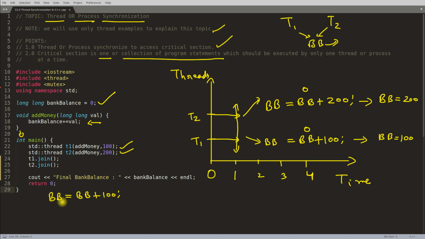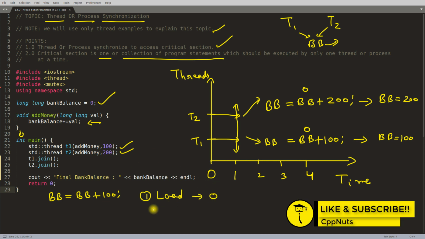So let's break this full thing into two parts. First, you should know the value of this BB, I mean bank balance. First it will load whatever is there inside BB into this register. So initially BB was holding 0 and it is loaded into some register.